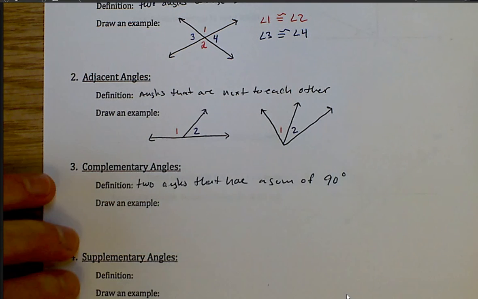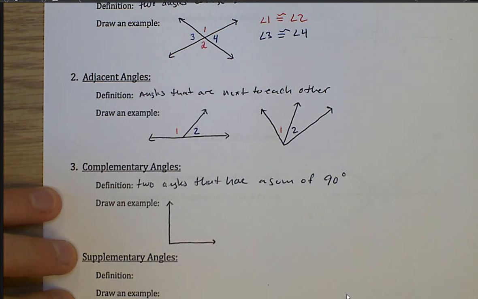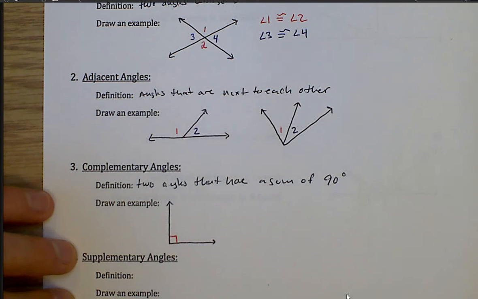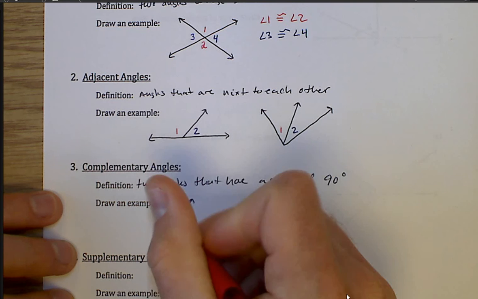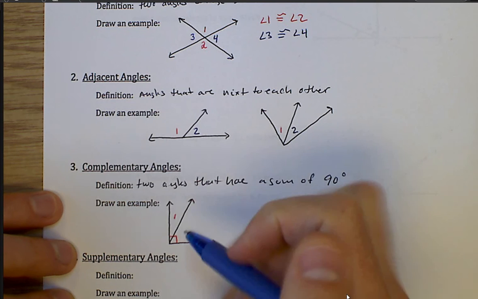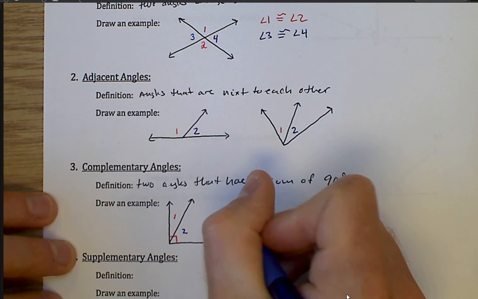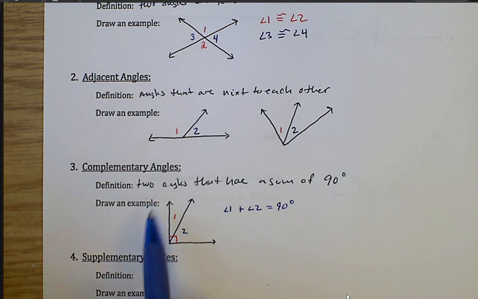The most common one that you're probably familiar with is the old 90-degree box, right? And then if I just put in a ray like that, I could say angle 1 and angle 2 together, those make 90 degrees. Angle 1 plus angle 2 has to equal 90. That fits the definition, right? Two angles that have a sum of 90. So that's an example of complementary angles.